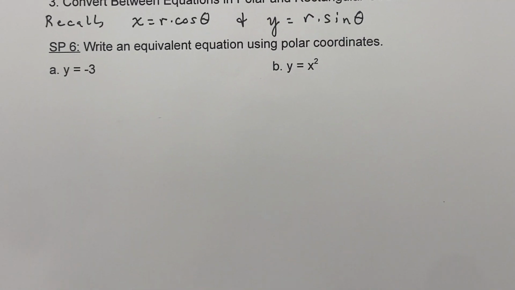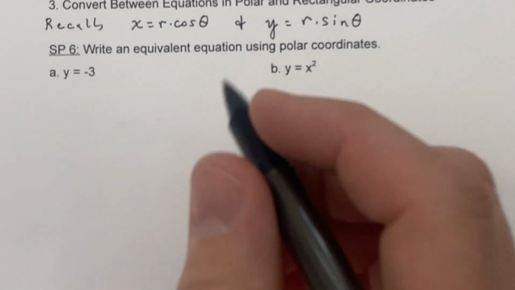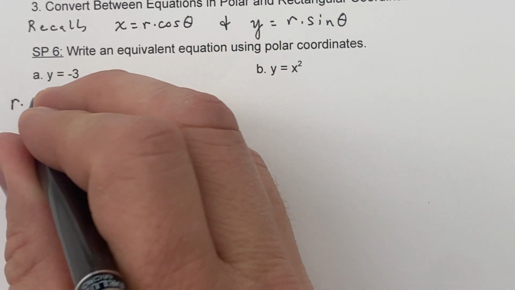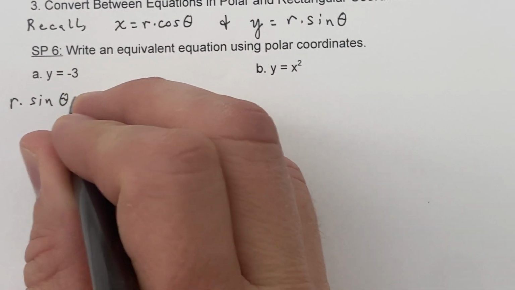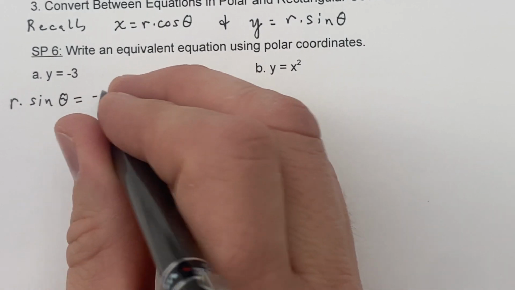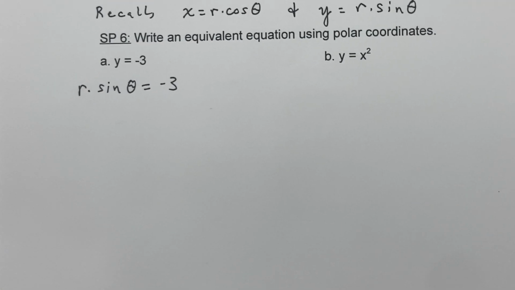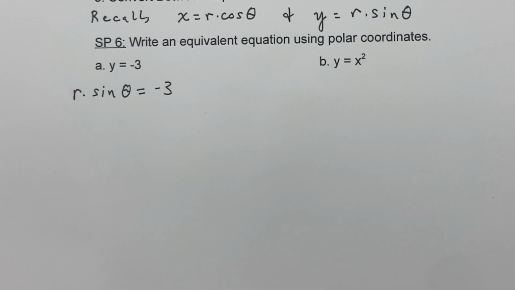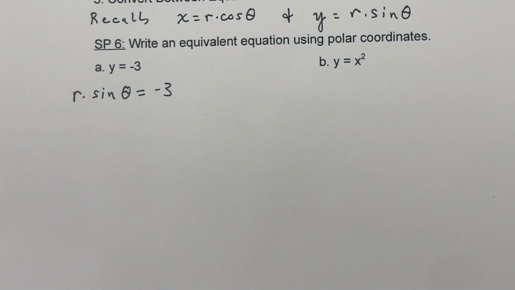As we look at y is equal to -3, we said that y is equal to r times sine of theta. We can substitute that in for y. Therefore, r sine theta is equal to -3. Now the question becomes, what does our polar equation look like? What's our dependent variable, so to speak? Typically it's going to be r.